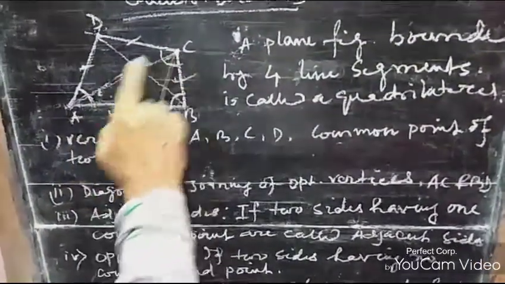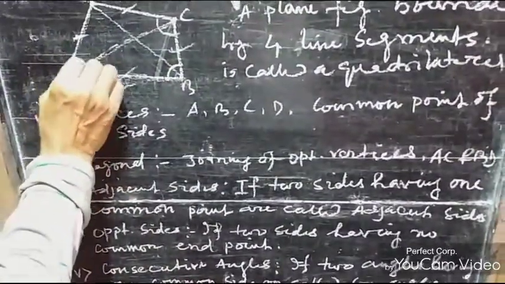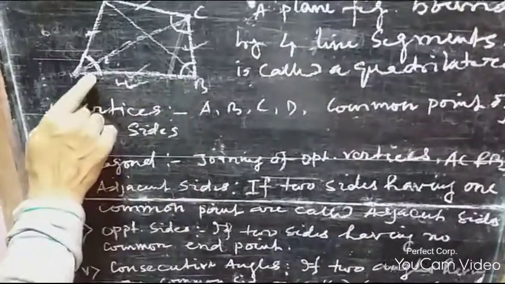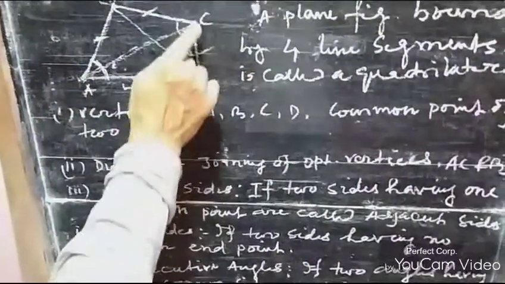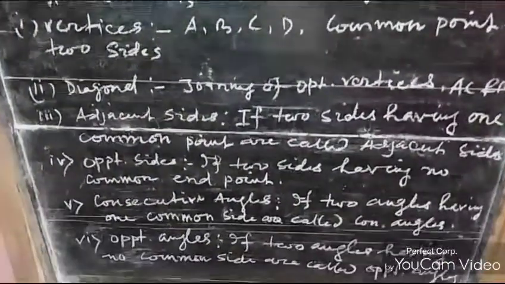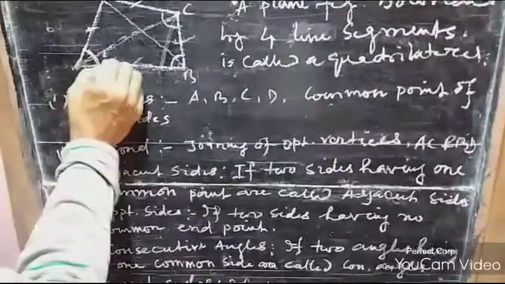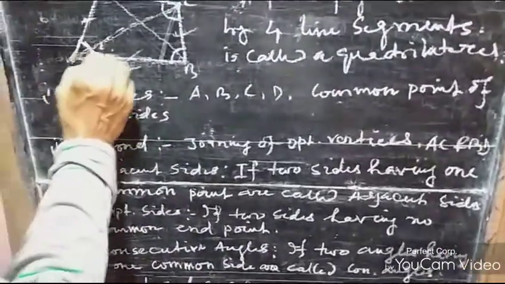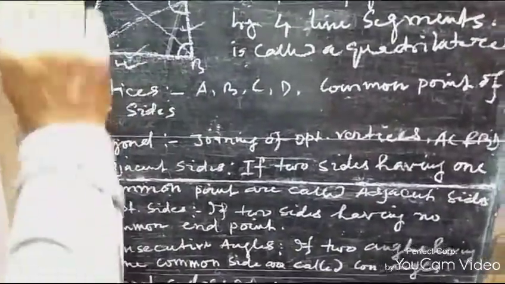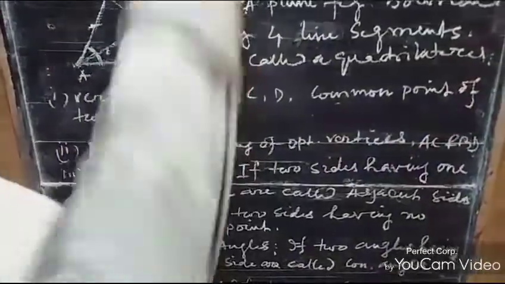So this is called the opposite angle of this quadrilateral. Adjacent angles are A and B, or A and D, or B and C, or C and D. These are the consecutive angles. You can say any two angles having one common side. These are the components of the quadrilateral.